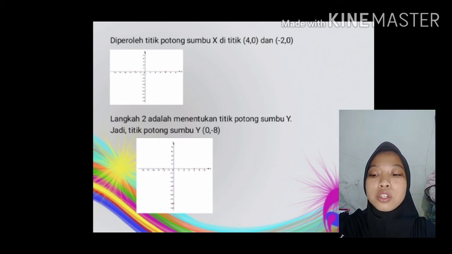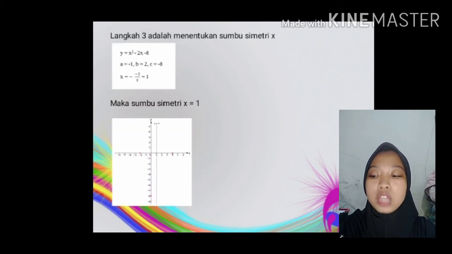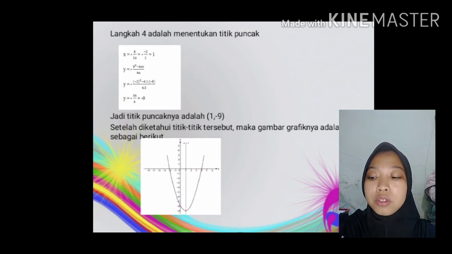Second step is to determine the y-intercept, which is 0 and minus 8. Third step is to determine the axis of symmetry, then the axis of symmetry x is 1. Fourth step is to determine the vertex, and the vertex is 1 and minus 9. So if it is known, the graph is as follows.